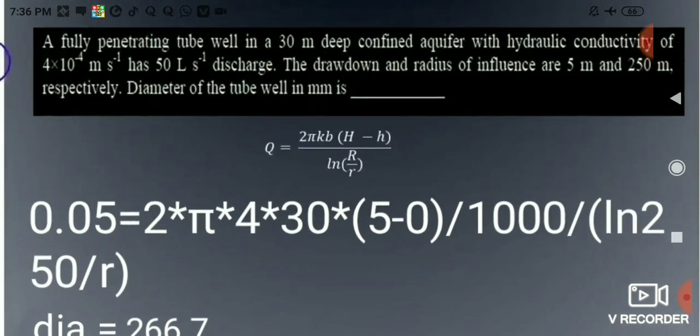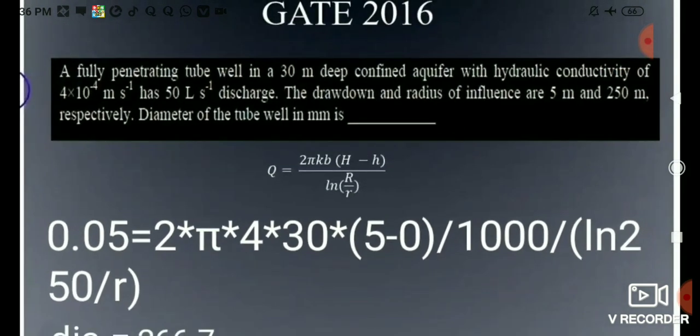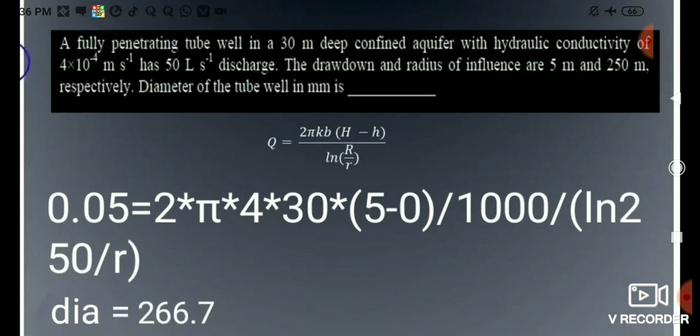So you can use this formula, that is 2 pi T. Here T can be replaced by K into B. Here you see the formula for confined aquifer, that is Q is equal to 2 pi K B (H2 minus H1) divided by ln R by r.